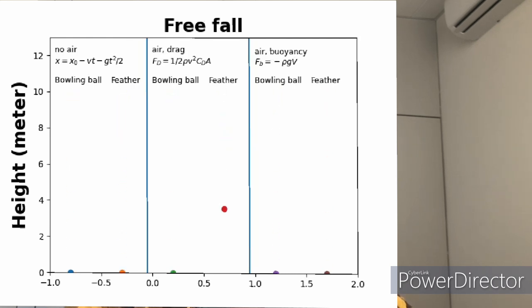If you compare the case with buoyancy force and the case with drag force, the second column and the third column in the simulation window, you see that the buoyancy force is almost as influential on the time it takes for the feather to reach the ground as the drag force.